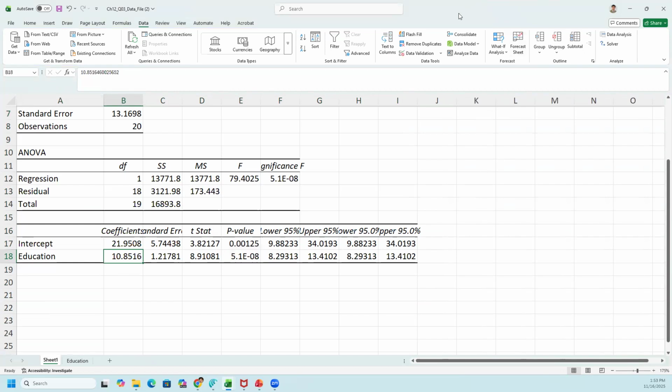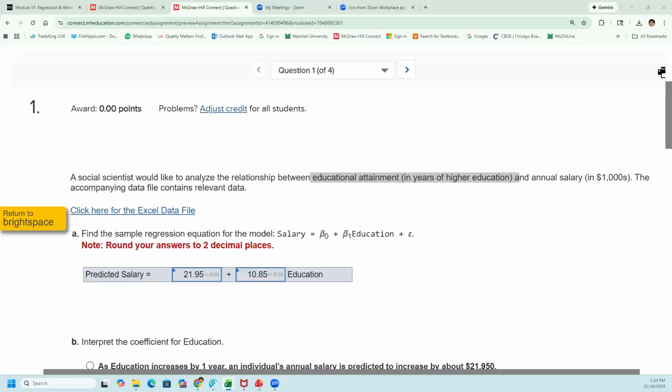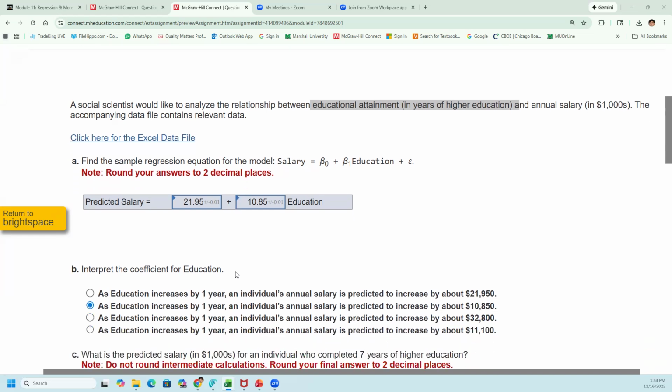Now, what does that mean? Your equation that you are basically using to estimate the salary based upon the education reads 21.95 plus 10.85.